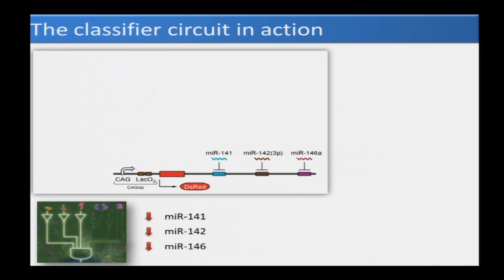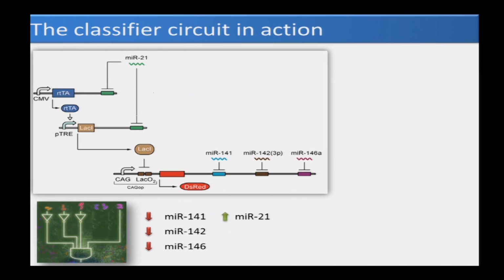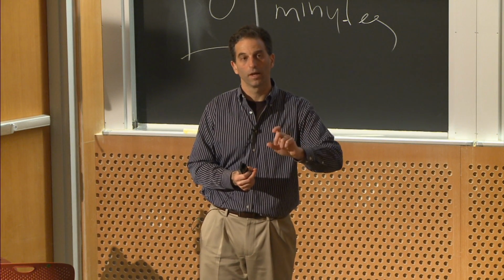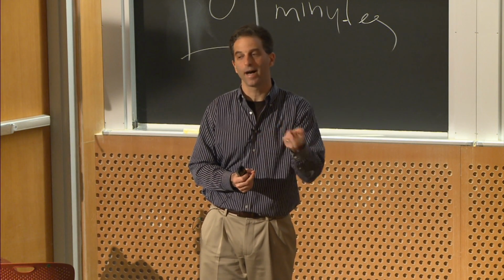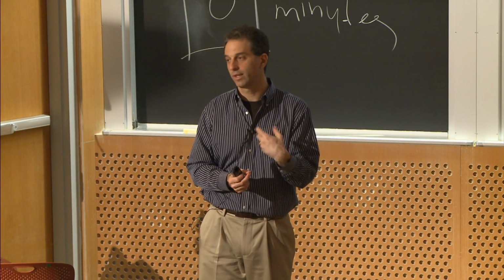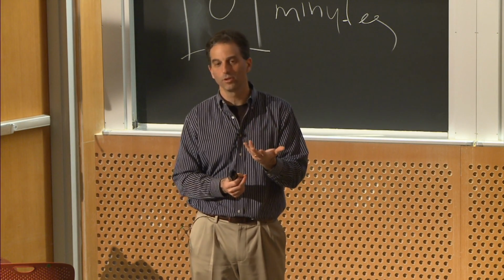And now we can add logic to that. So now if we want to make sure the output is high also when this input is high as well, remember the first circuit that I showed you was this cascade. And the cascade was a bunch of repressors that were in cascade that did the NOT operation. So when you think about the NOT operation, it doesn't seem like a very useful operation.